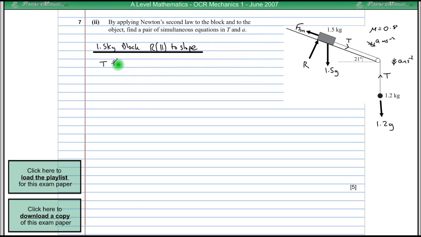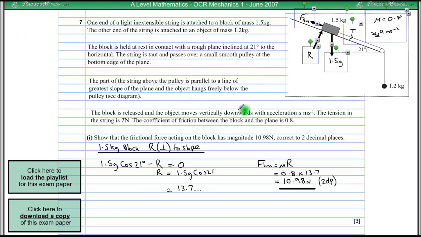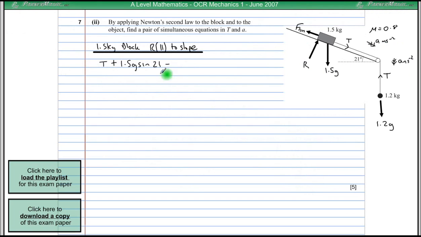Here we are going to do 1.5g sin 21. We've also got this limiting friction in the opposite direction, so this will be negative. Let's remember what it is from here. We showed that it was 10.98 in the last part of the question. So minus 10.98. That's our net force, and that's going to equal mass times acceleration, so 1.5A.